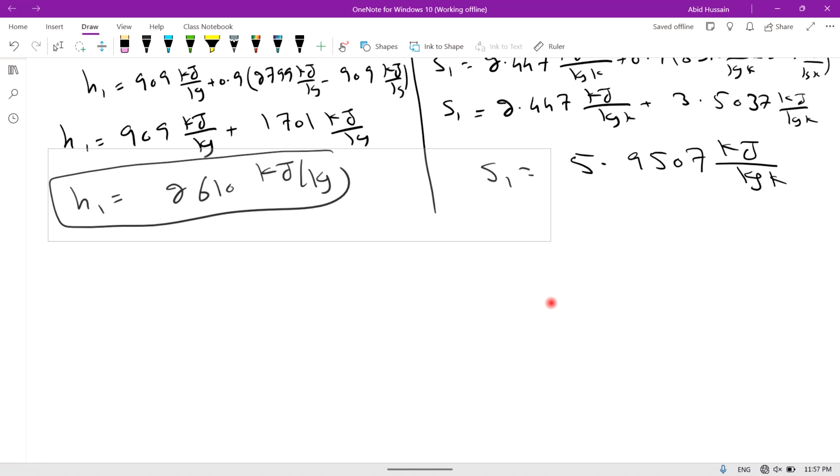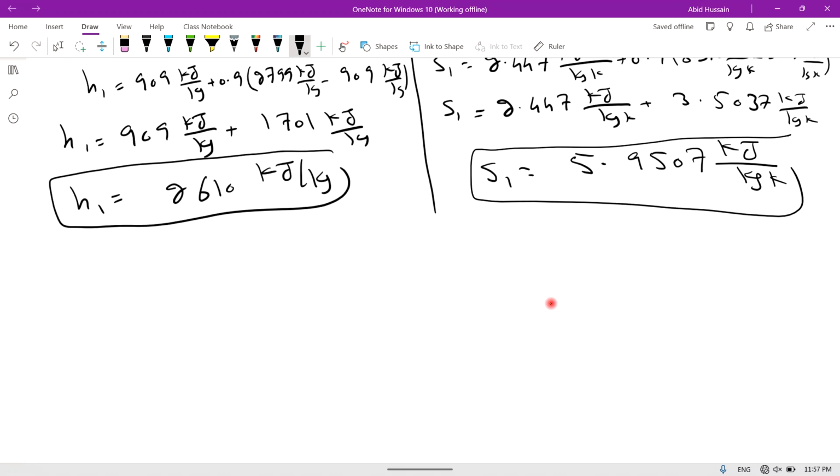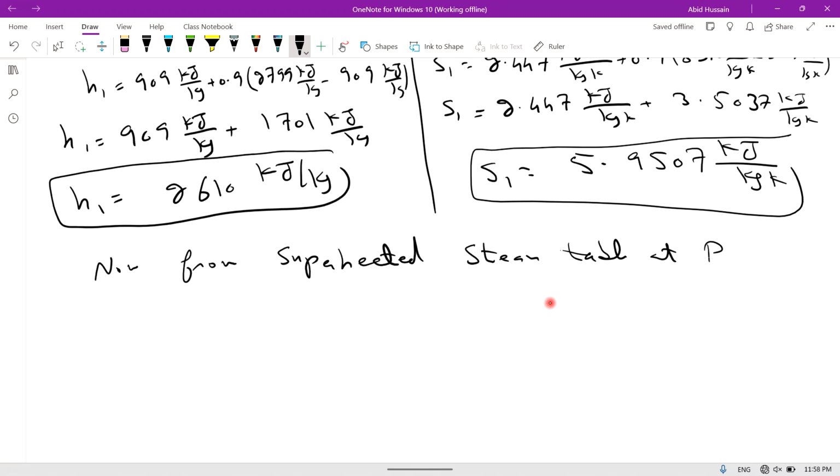Now we are finding H2 and S2, and H2 and S2 are in superheated region. So now from superheated steam table at pressure equal to 20 bar and temperature equal to 300 degrees centigrade.